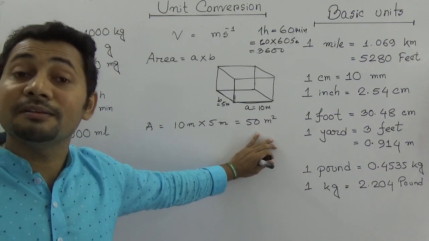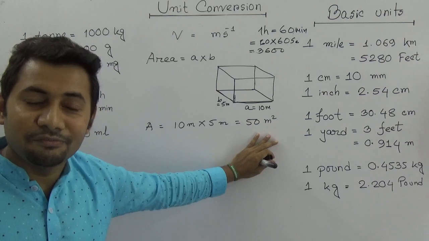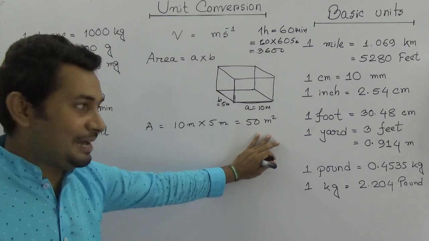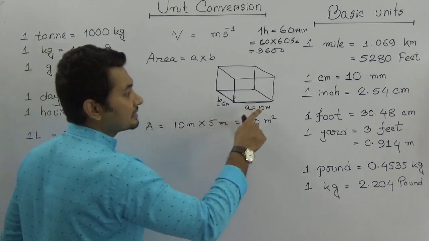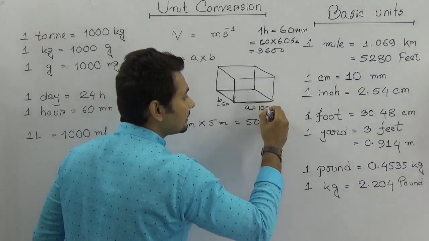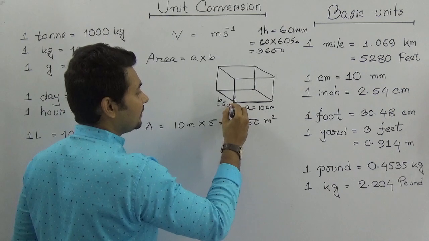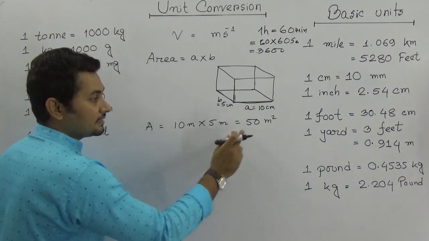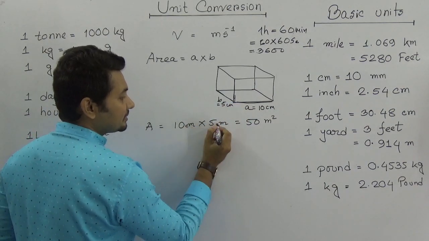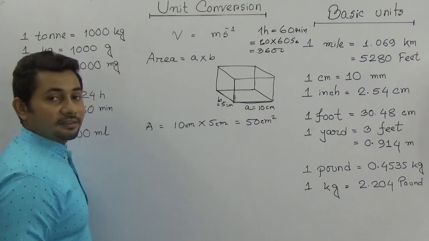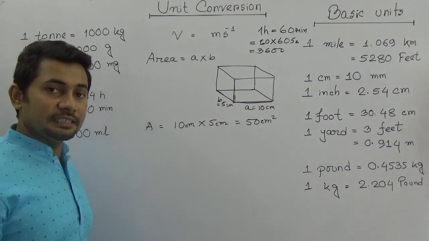That is simply given in meter square. But what happens in mathematics and physics if the length is given as 10 centimeter and this breadth is 5 centimeter? Then this would be centimeter times centimeter, so this would be 50 centimeter square.